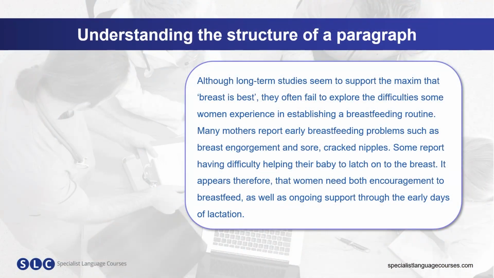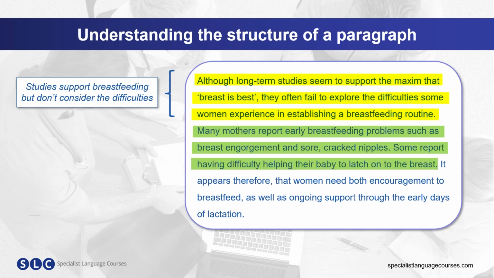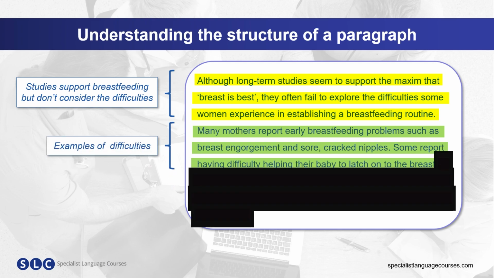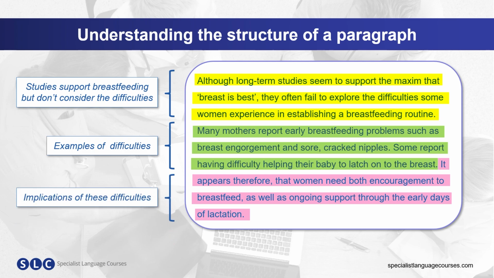Let's take a look at the next paragraph. We can see in the topic sentence that the writer introduces the idea of studies that support breastfeeding but don't consider the difficulties. In the middle section of the paragraph, it gives us examples of these difficulties, and the paragraph finishes highlighting the implications of these difficulties.